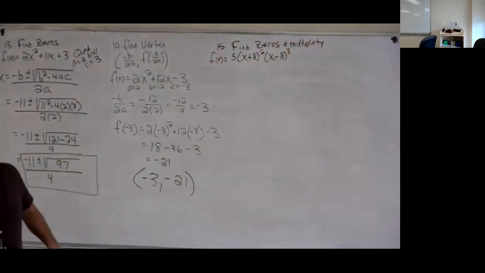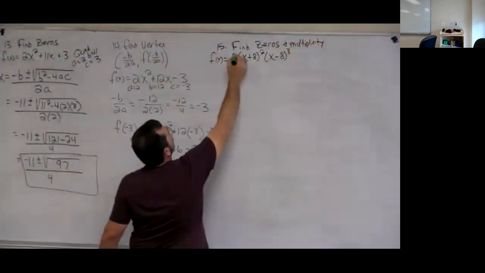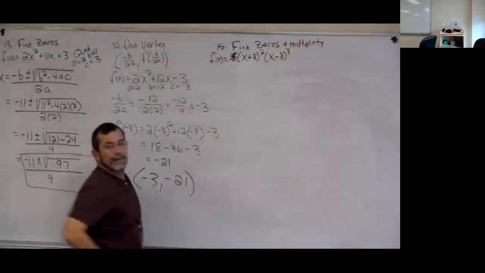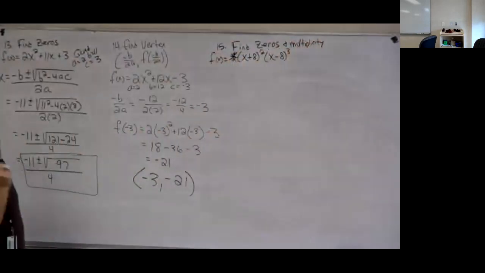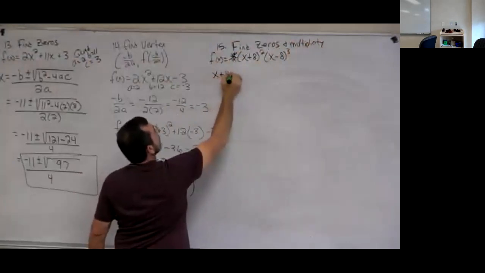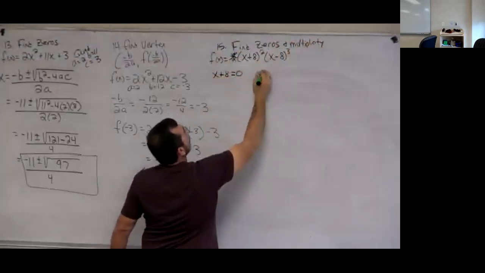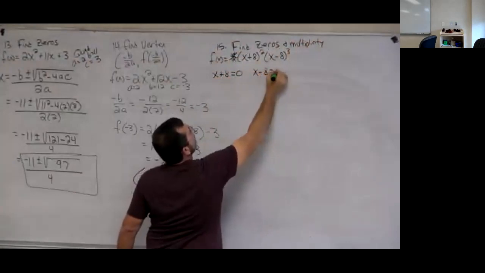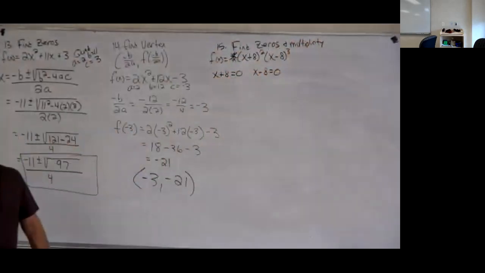So one factor I can get rid of, and that's this 5. Since it doesn't have a variable, I don't need to worry about 5. But what I do need to do is take the ones with the variable, the x plus 8 and the x minus 8, and set them equal to 0. So I need to find what numbers make them equal 0.